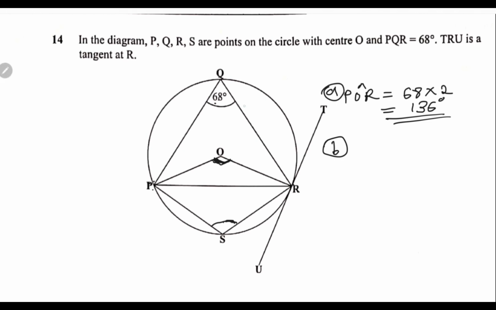So when you add this 68 plus the angle at this point, the answer that we are going to get is 180. So PSR is simply 180 degrees minus 68 degrees. 180 minus 60 is 120, minus 8 is 112. So PSR is equal to 112 degrees.